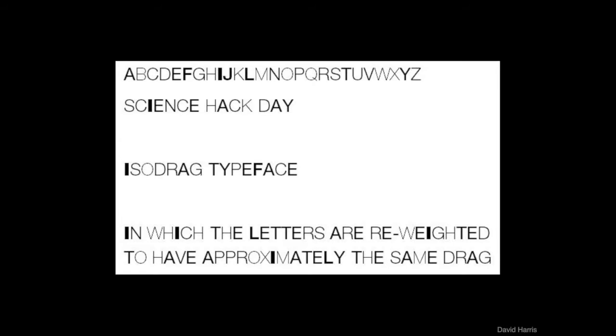So if you need a typeface in which all of the letters have equal wind drag, it looks something like this. I have no idea what this is good for or how it's going to change the world or what it means. But this was a physicist who was playing with typography at a Science Hack Day, so I thought it was kind of awesome.